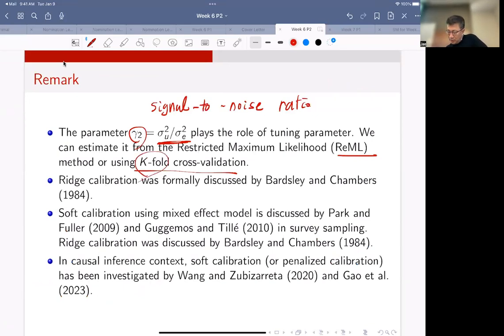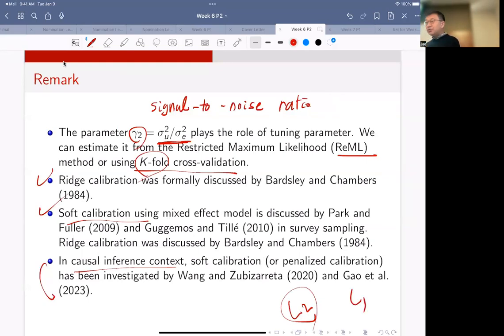So I already covered this. Soft calibration in the causal inference context is nothing but L2 penalization using an L2 penalty term.